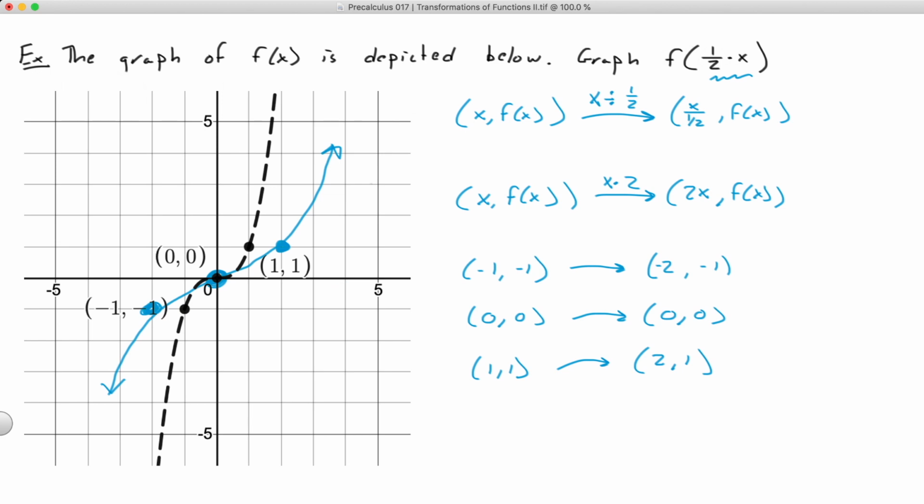And so this graph in blue here would be our final answer, f of 1/2 times x. And we can see that it has indeed been stretched out horizontally. It's wider than our original graph in the dashed black line.